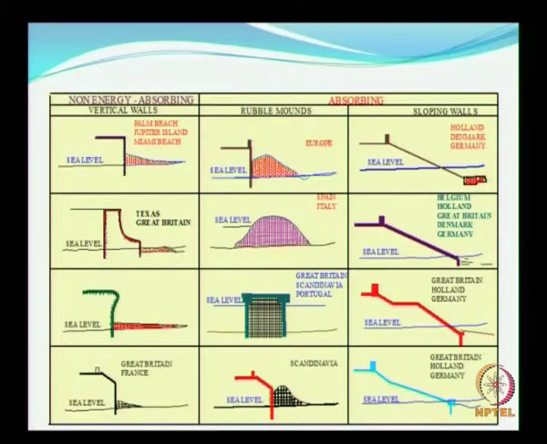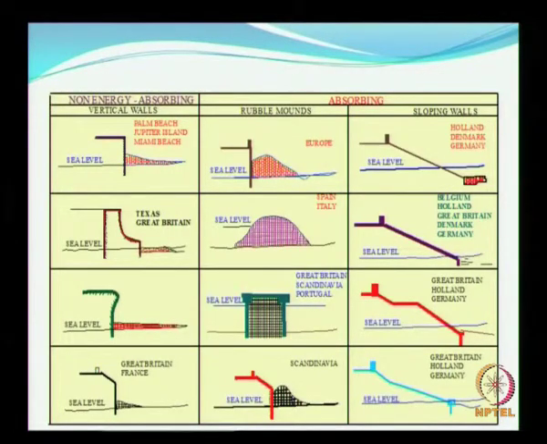Or you can have something like this complete rubble mound, which is quite common, or you can have some kind of structure wherein the stones or the rubble mound are enclosed inside to form something like a caisson. So, it is kind of a gravity structure, it will stand there, but at the same time energy will be dissipated because of this rubble mound.